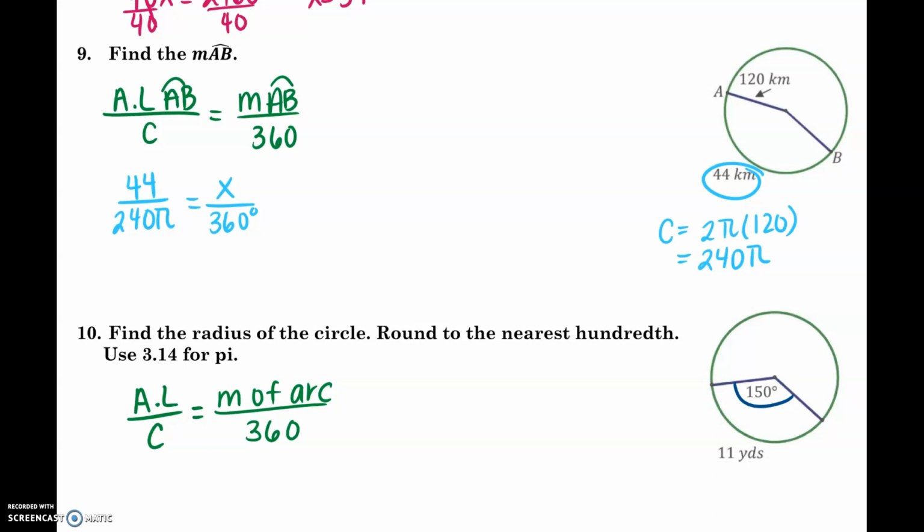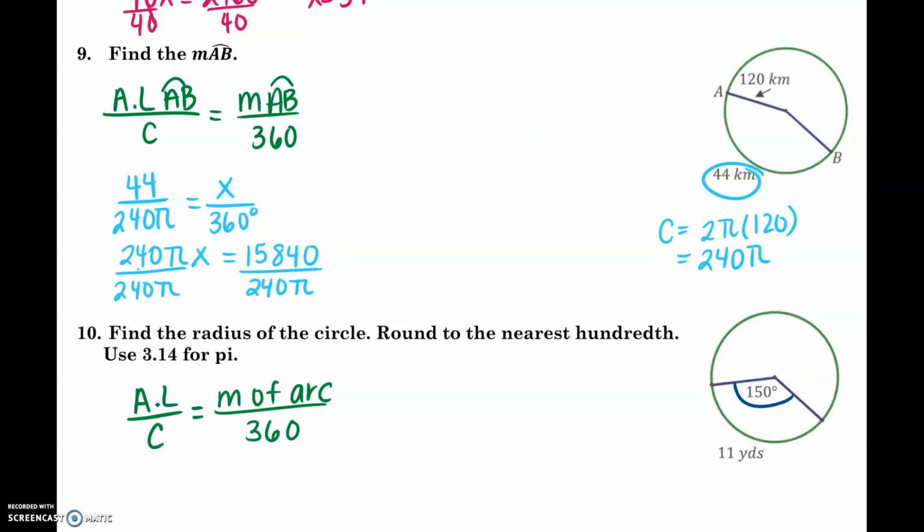We have 240 pi times x is equal to 360 times 44, which is 15,840. We're going to divide both sides by 240 pi. 240 does not go evenly into 15,840.